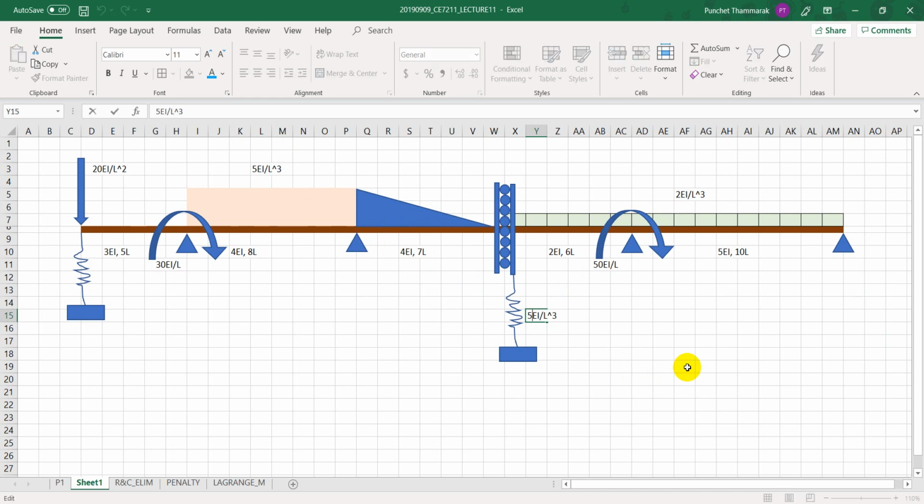I'll make it 200 EI over L cubed, and this one is 100. So you have the spring force, you have the external force applied at the same point. It is quite a good exercise.